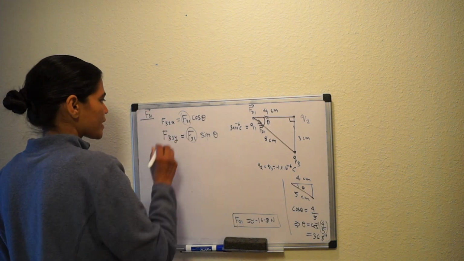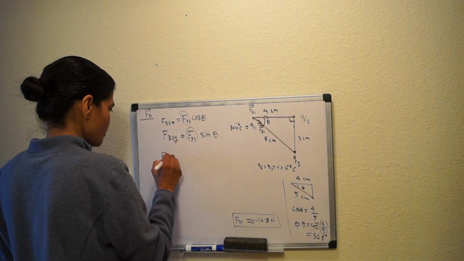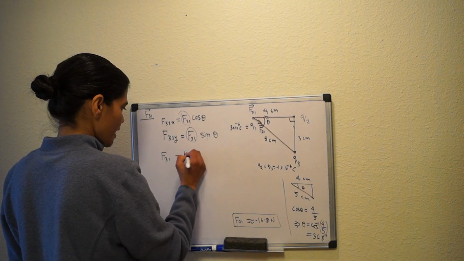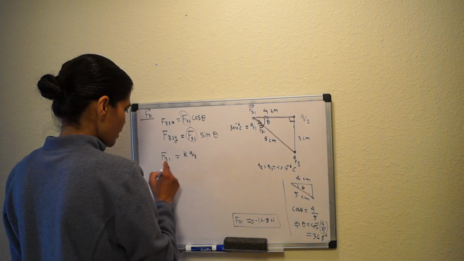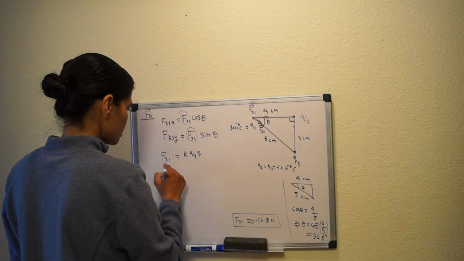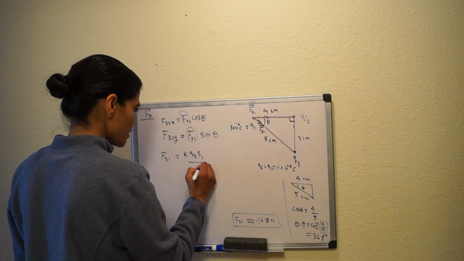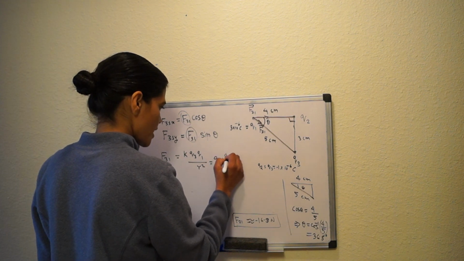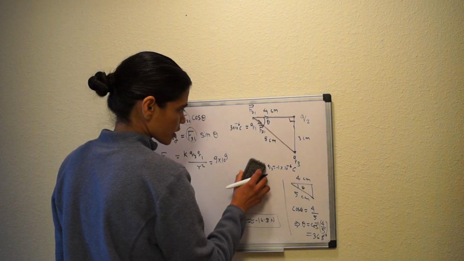So now let's look at the force F31. F31 equal to what? K Q3 Q1 divided by r squared, which is what? 9 into 10 to the power 9. I'm going to erase this part, okay?